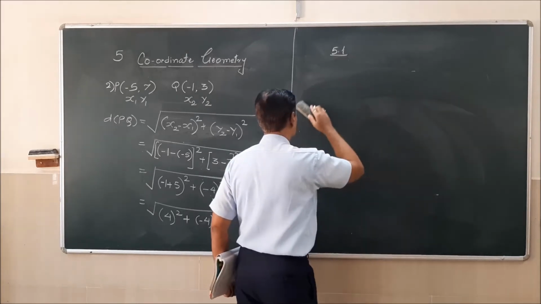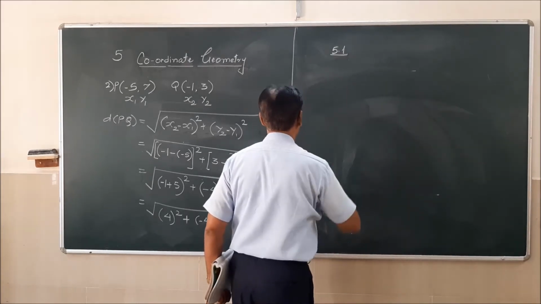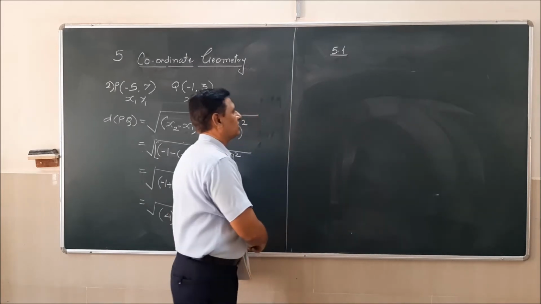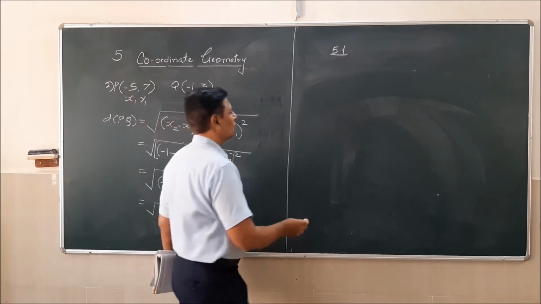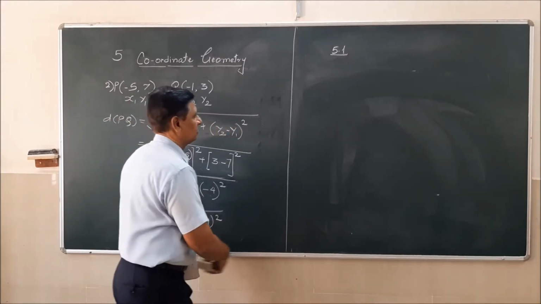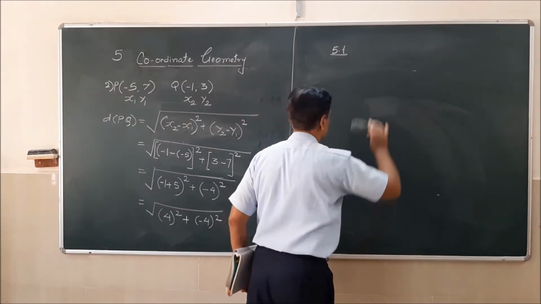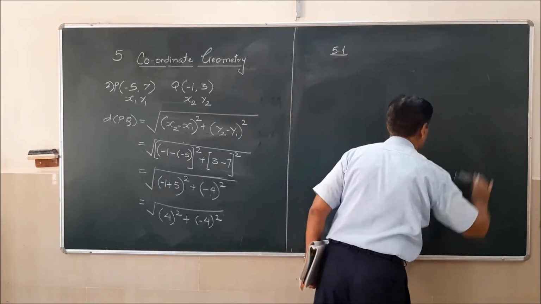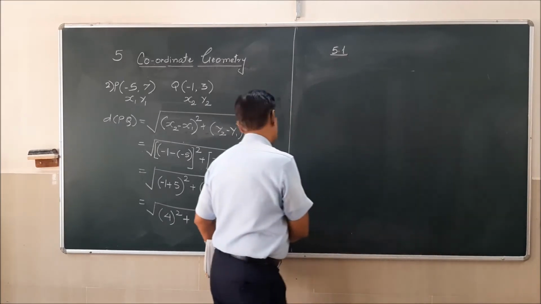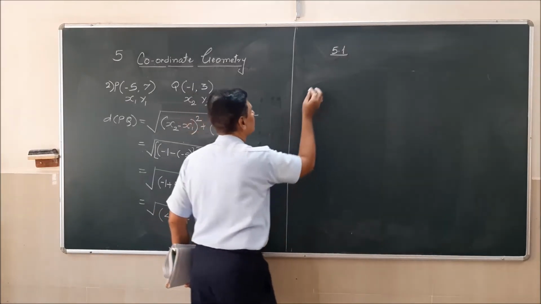At that time you must place that into the bracket. So the next step will be 4 square, which gives 16, and minus 4 square is also 16.